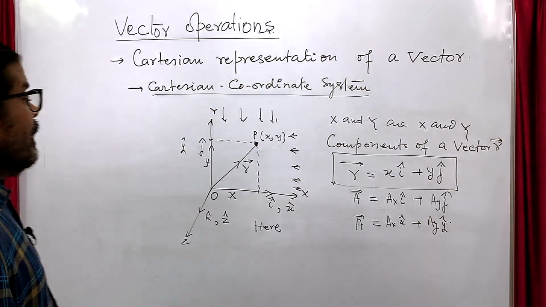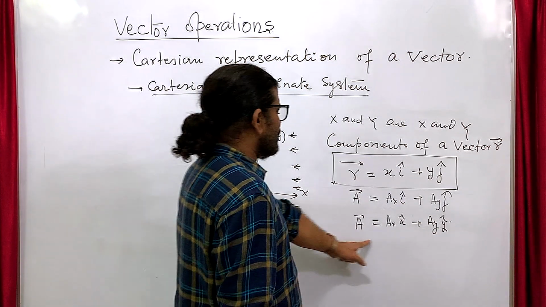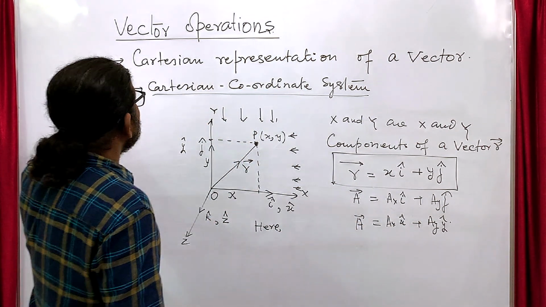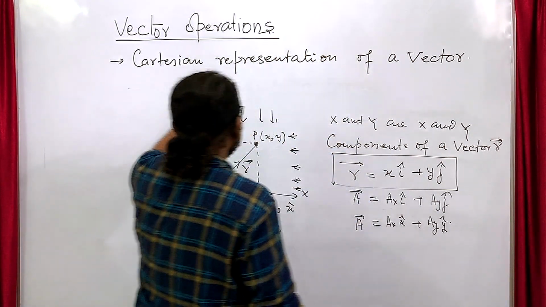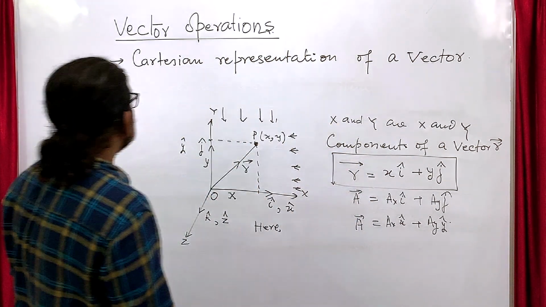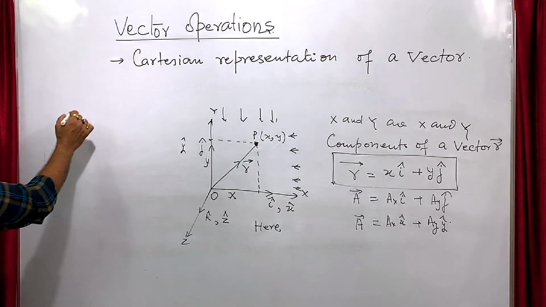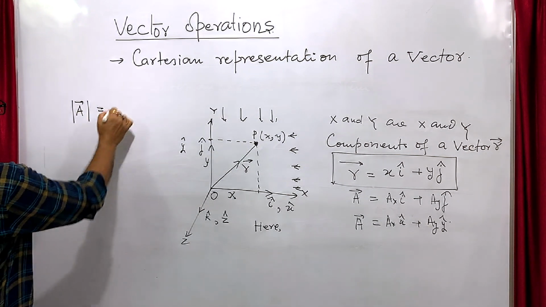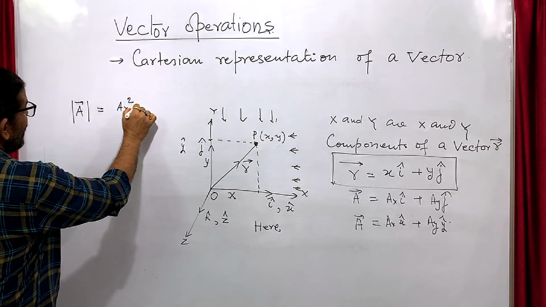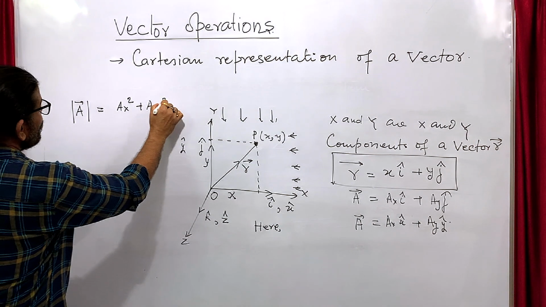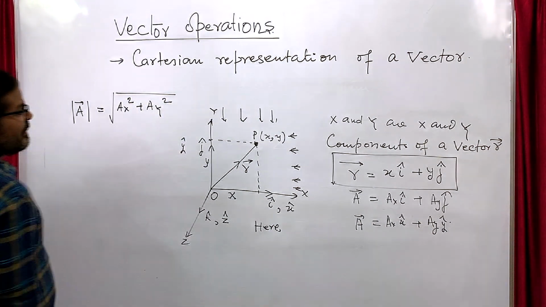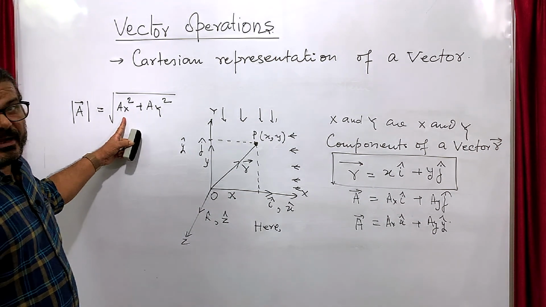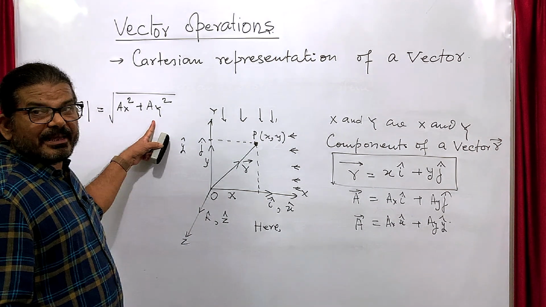Now suppose the vector is written in this way, then how can we define its magnitude? Just see how we can define the magnitude of this vector a. The magnitude of vector a can be defined as the square root of ax square plus ay square, where ax is its x component and ay is its y component.